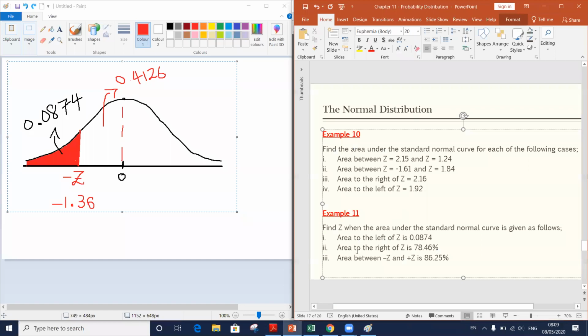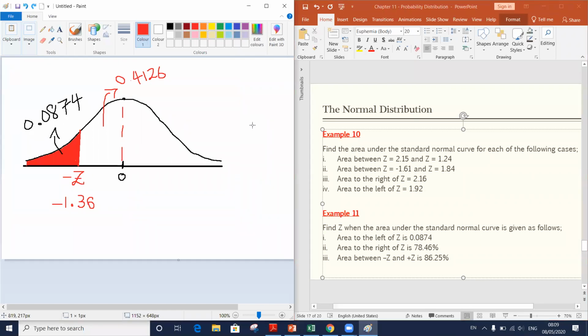What does Part 2 say? Area to the right of z equals 78.46%.